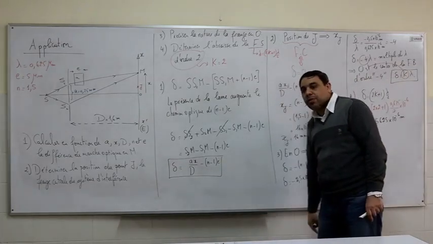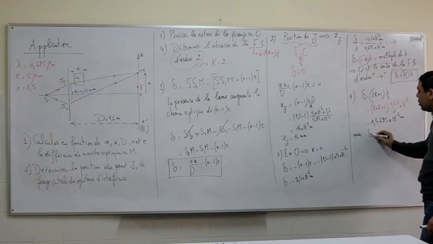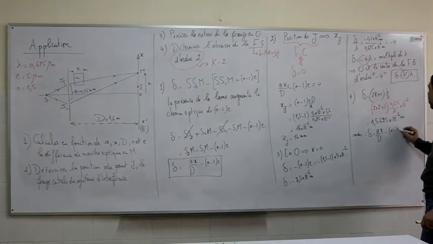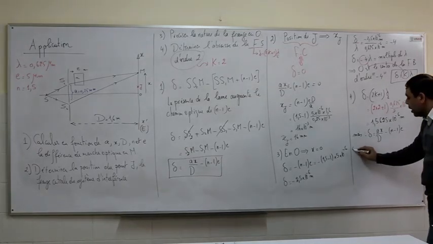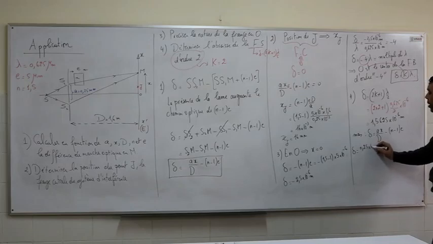But this is the expression of delta. So delta equals AX over D minus (n minus 1)e. Delta equals 0.25 times 10 exponent minus 3 x over 1.6 minus 0.5 times 5 times 10 exponent minus 6.